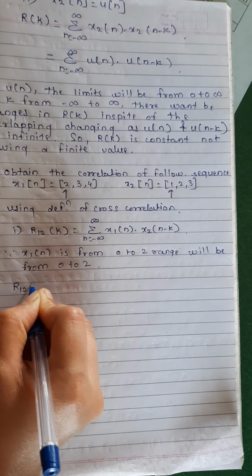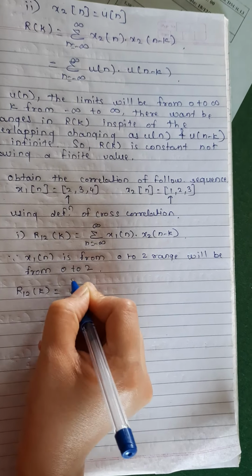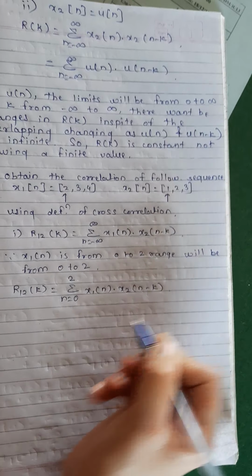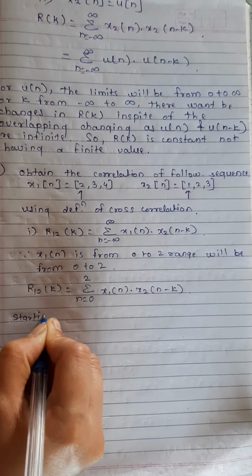So R12 of k is equal to the summation for n equal to 0 to 2 of x1 of n, x2 of n minus k. Starting from k equal to minus 2, we get non-zero values.